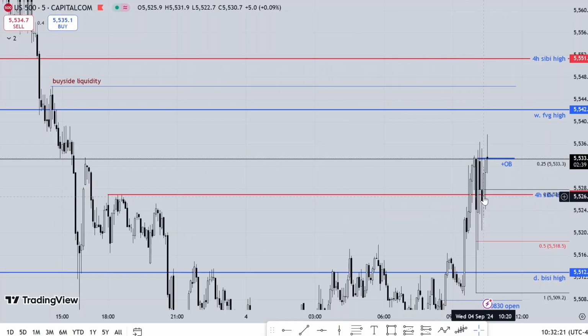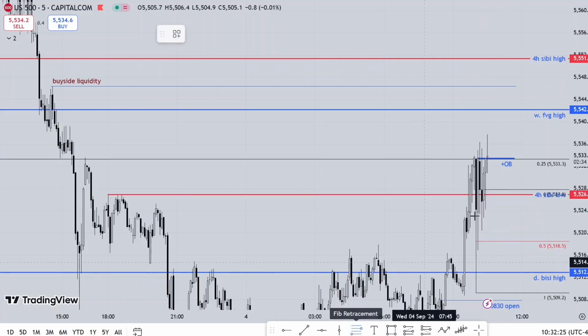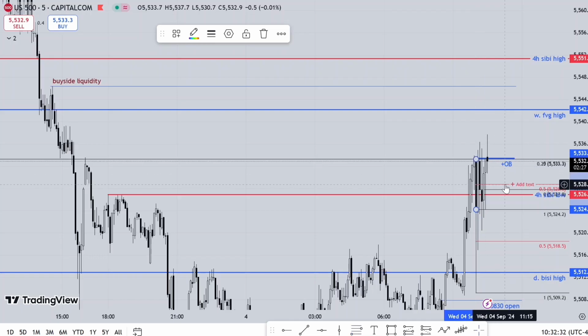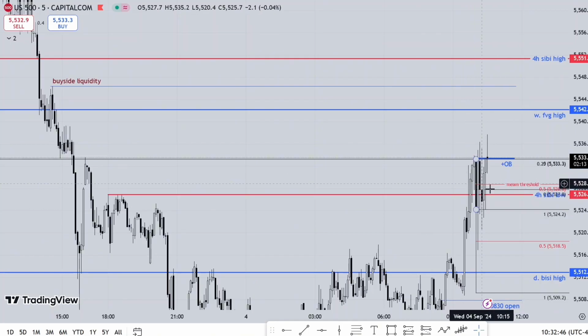So we are currently in the second stage reaccumulation of this market maker model. So the midpoint of this is this. So here you have the mean threshold. So you want to see all of this here act as a support level, taking price higher for higher prices.